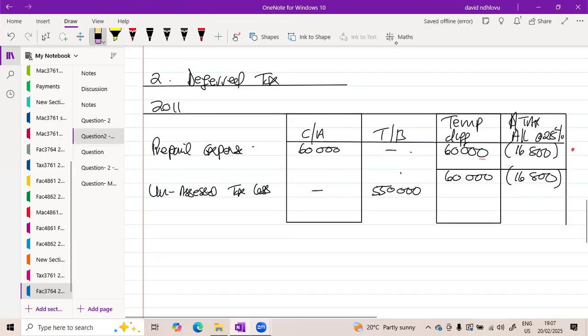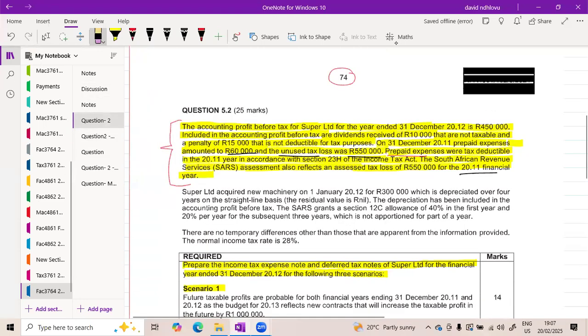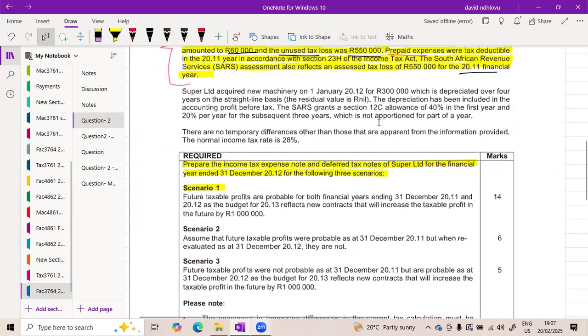Yes. So what we then do is check what SARS is saying. You go to the question. If you go to scenario number 1, this is what they said: the future taxable profits are probable both in the financial year ending 2011 and 2012, as the budget for 2013 reflects new contracts that will increase taxable profits in the future to 1 million.